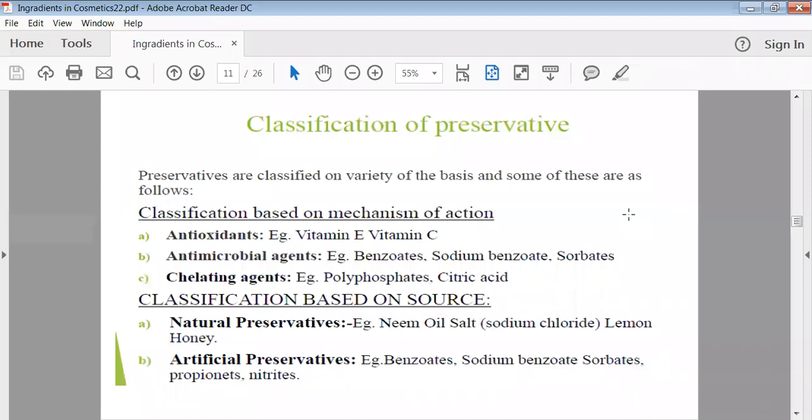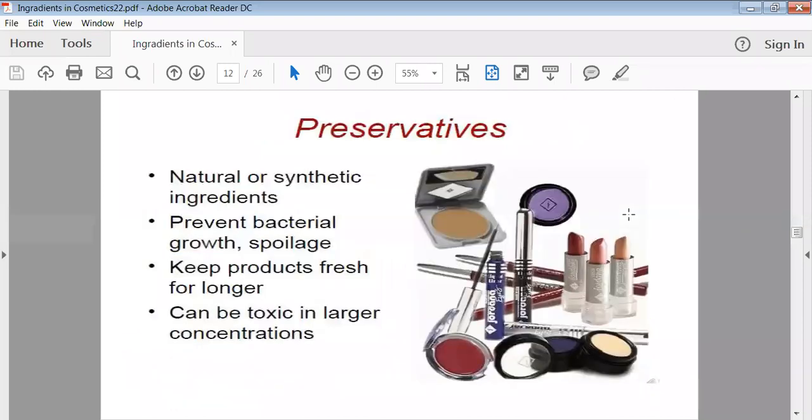Then another classification of your preservative depends on the source, that is natural preservatives and artificial preservatives. Natural preservatives are neem oil, sodium chloride, then lemon, honey. Then artificial preservatives are the same as we have mentioned above, that is benzoates, sodium benzoate, sorbates, and all.